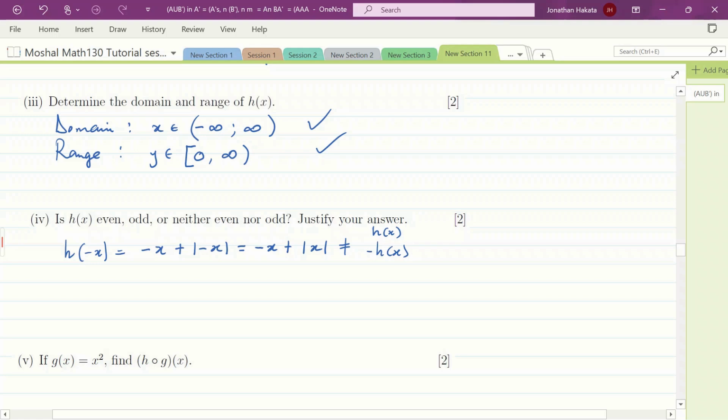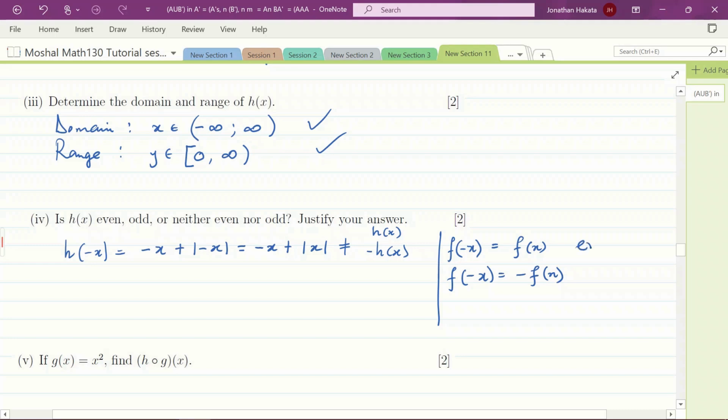Thus, remember the definitions: if f of minus x is equal to f of x, we say the function is even, and if f of minus x is equal to negative f of x, the function is odd.